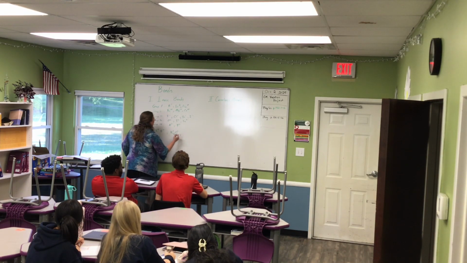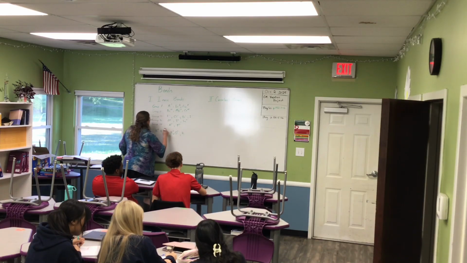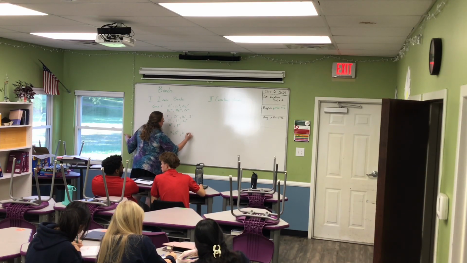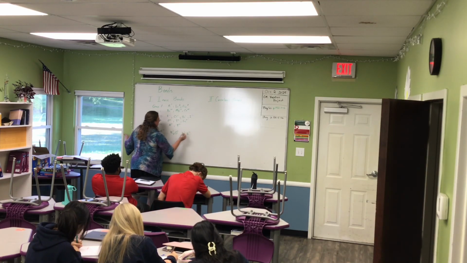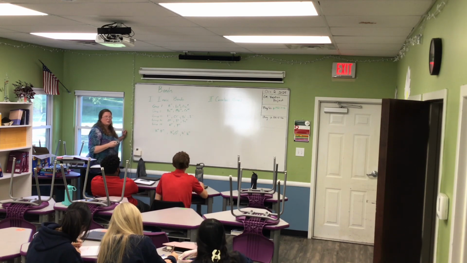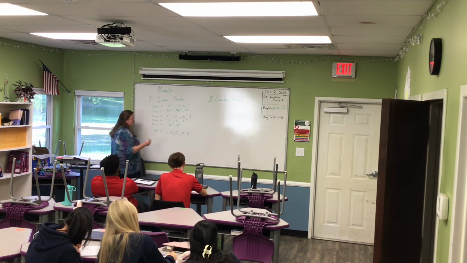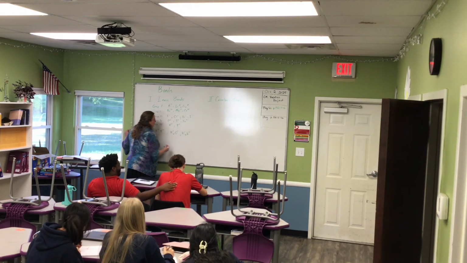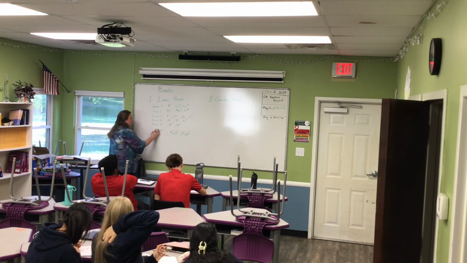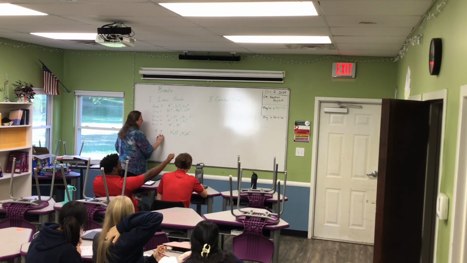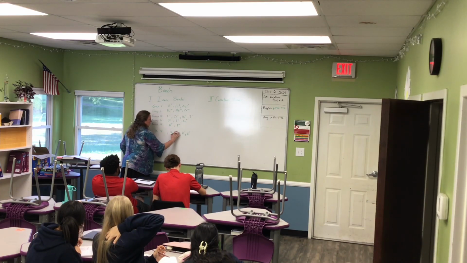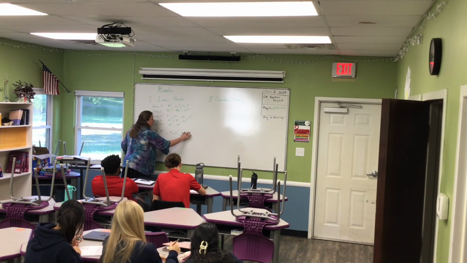Let's try potassium with nitrogen. Is that neutral? No, what do I do to balance it out? Over here for my 3 plus. So when I'm done, I have KF, I have K2O, I have K3N.